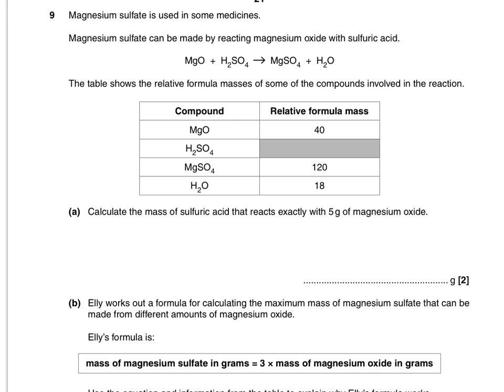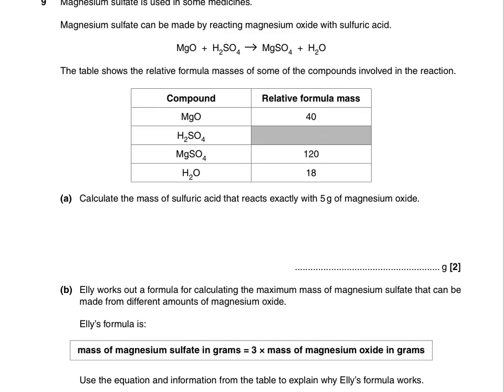Next, magnesium sulfate is used in some medicines. Magnesium sulfate can be made by reacting magnesium oxide with sulfuric acid. The table shows the relative formula masses. So we're dealing with relative formula mass of some compounds involved in the reaction. We've got MgO, MgSO4, H2O, and it says calculate the mass of sulfuric acid that reacts with 5 grams of magnesium oxide.